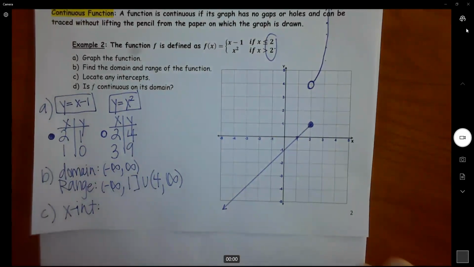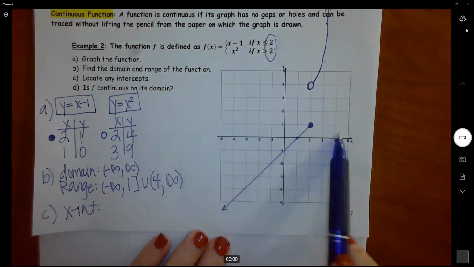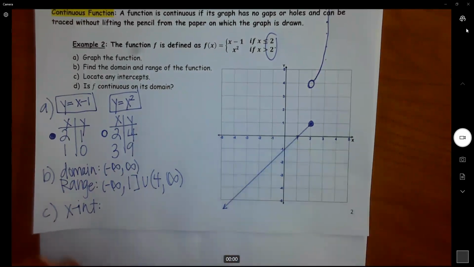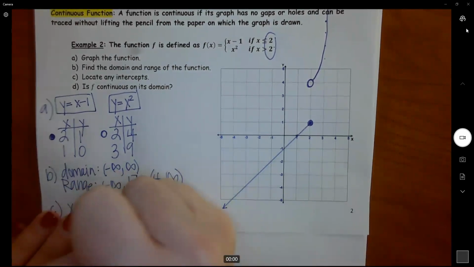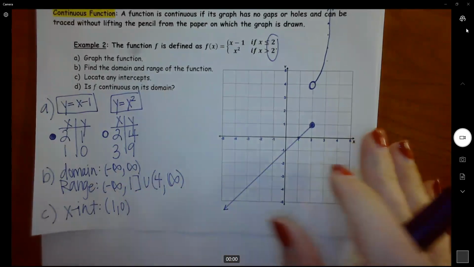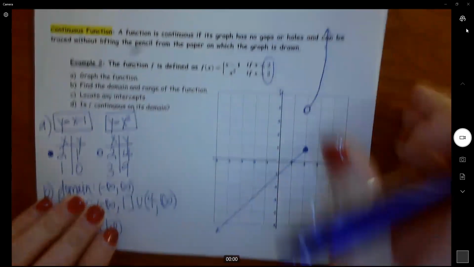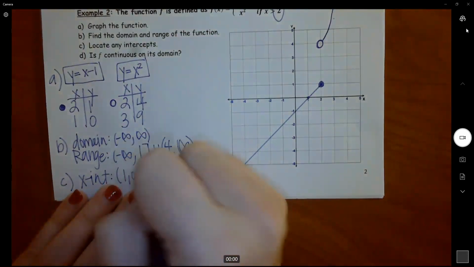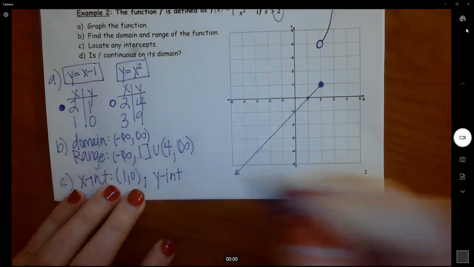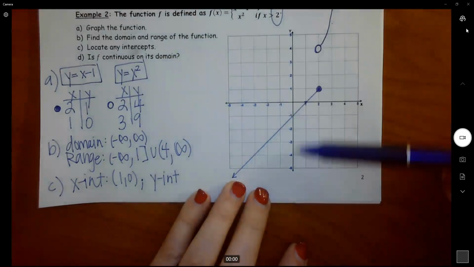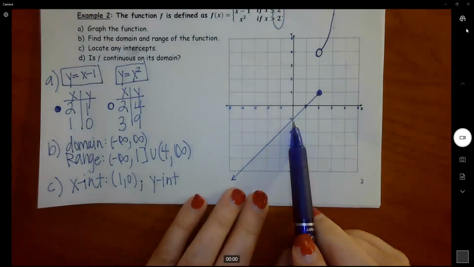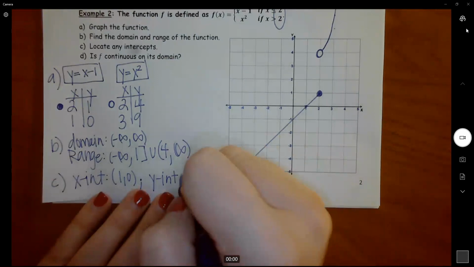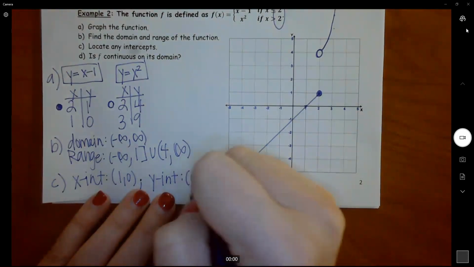So my x-intercept, it crosses right here at the point 1, 0. And then my y-intercept, where is it crossing this y-axis? It's crossing it right here at this point, which is 0, negative 1.